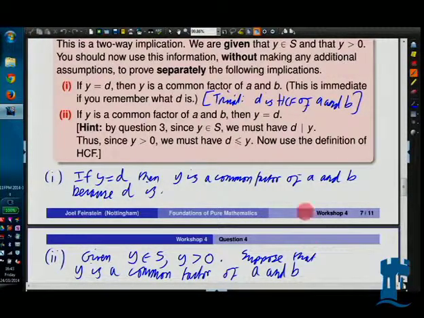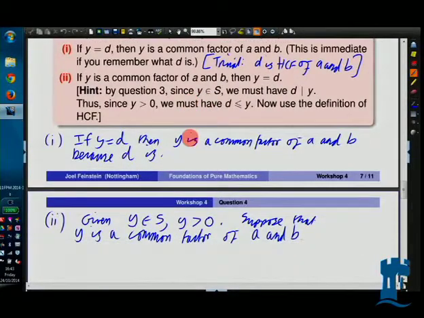Now, we got this comment here, that since y is greater than naught, we must have D less than or equal to y, because D divides y. So let's have a look at that. That was a previous question, question 3.